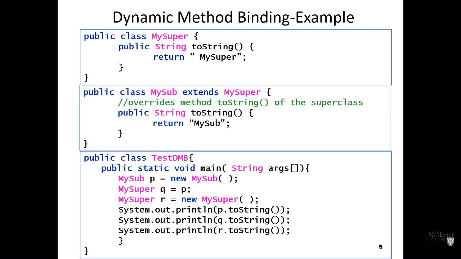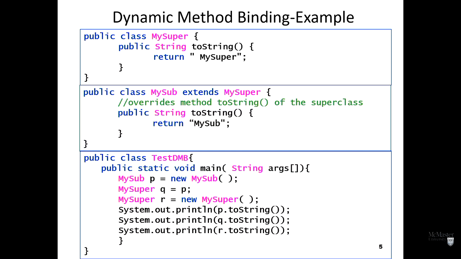Let me repeat a statement that I said a couple of minutes ago and let me know if you still say the same thing. If you have a reference of type parent pointing to an object of type child, and in case of method overriding, the method that you call is the method of the object, not the reference.